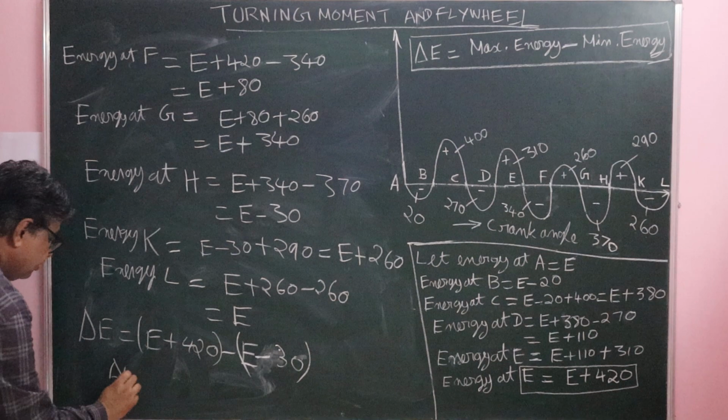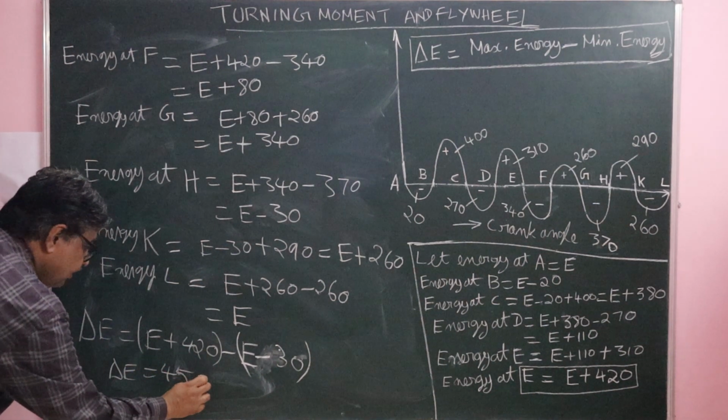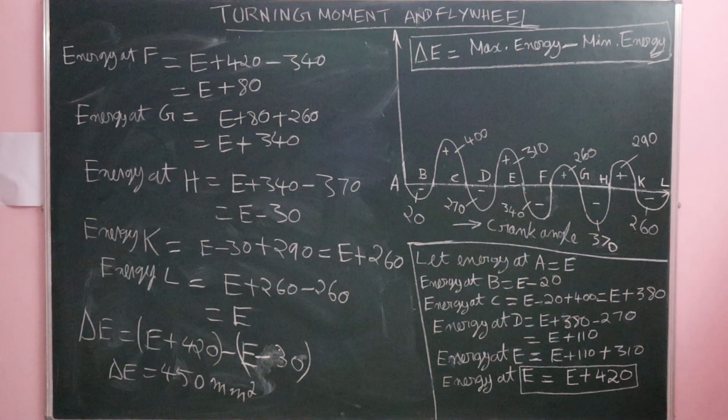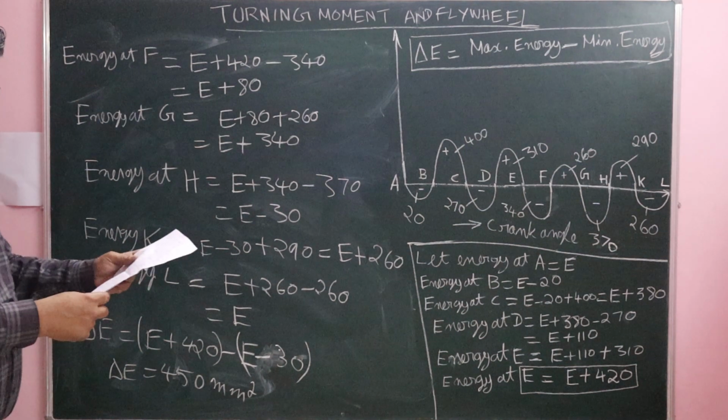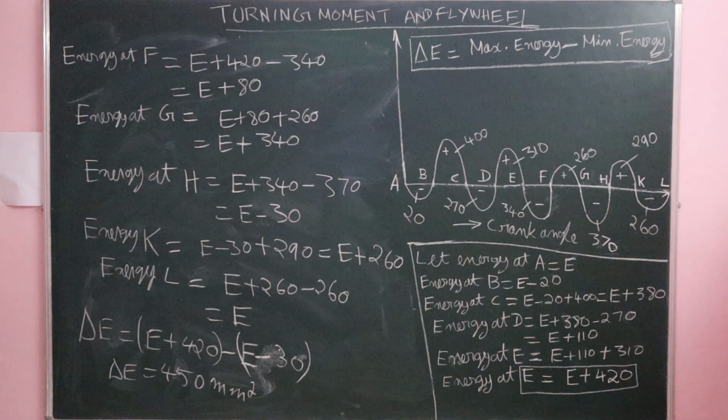Therefore, del E is equal to 450 millimeter square. The area is given in millimeter square. Therefore, what is the equivalent energy in Newton meter?